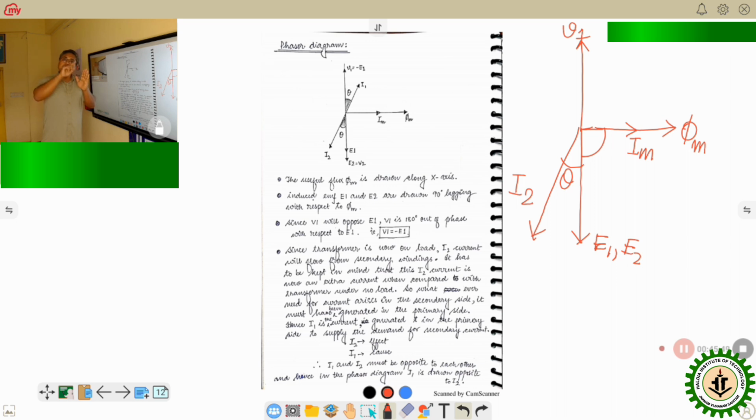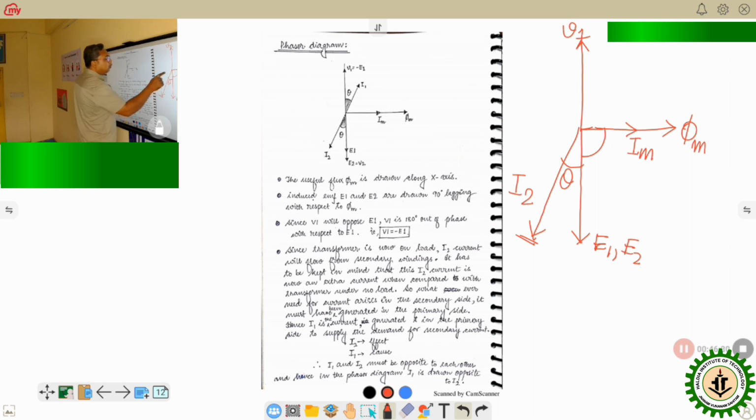It is a magnetically coupled circuit. So if the secondary side, I2, needs more current, it has to be supplied from the primary side. It is not magic; nowhere is a wire connected. The entire circuit is magnetically coupled, so any demand in the secondary side has to be supplied from the primary side.